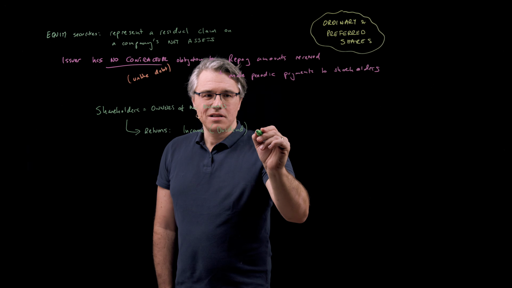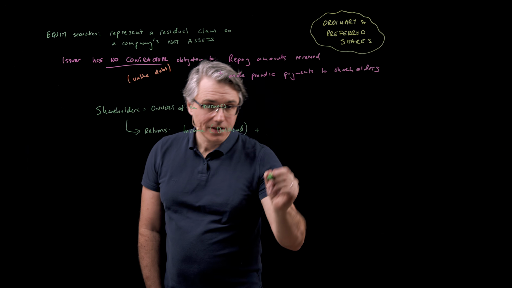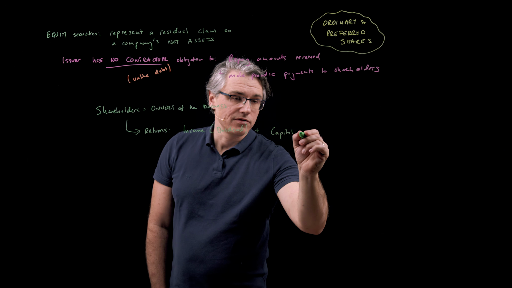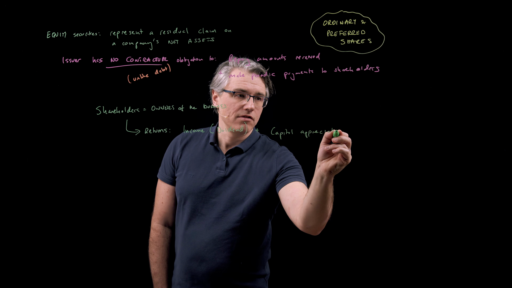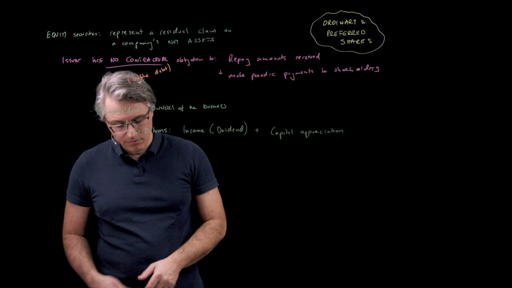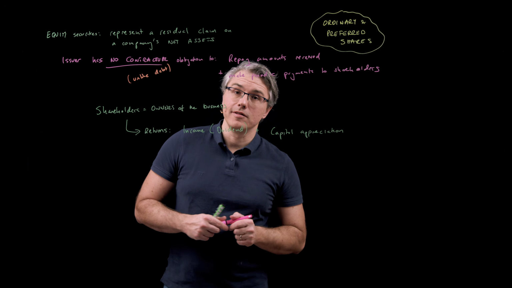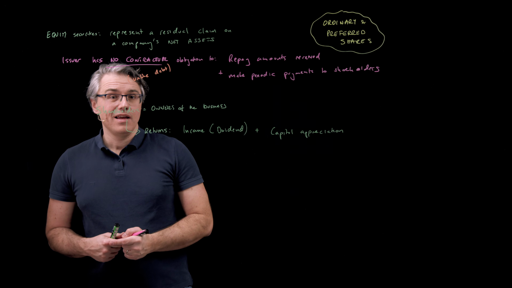But on top of this, they typically are also hoping for some capital appreciation because they are the co-owners of the business. They hope that the business will grow in value. So not only will they receive a current income stream, but also potentially growth in value of the securities which they hold, apart from the dividend receipt.